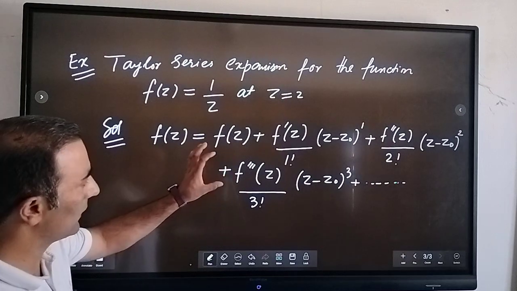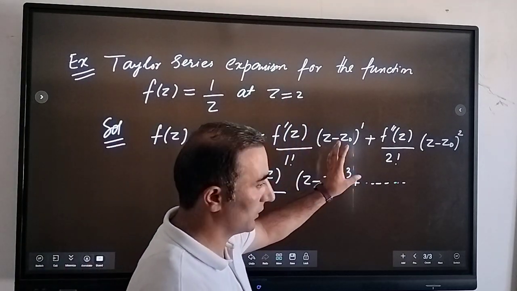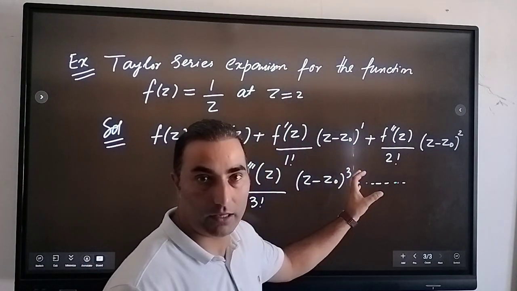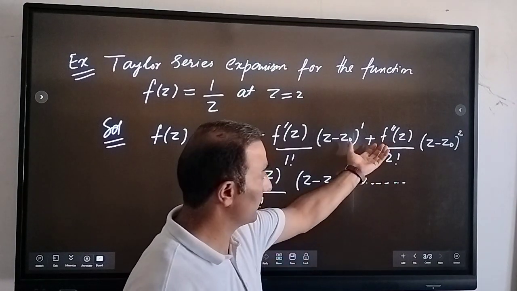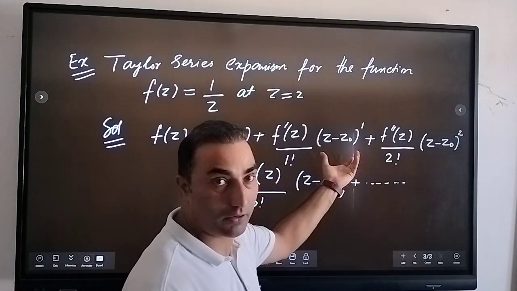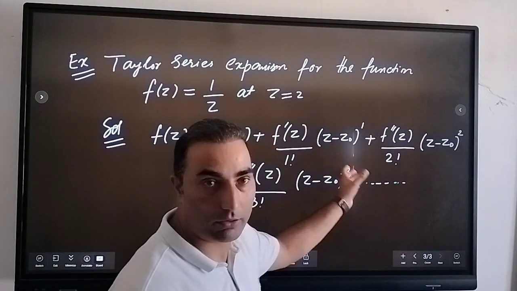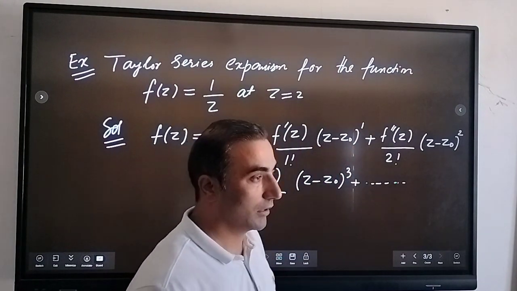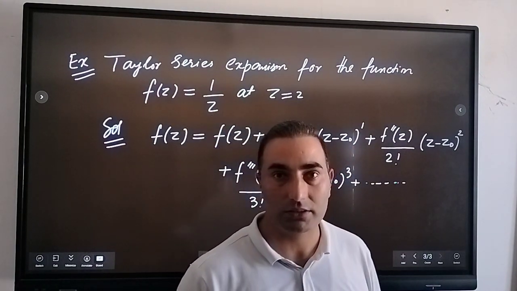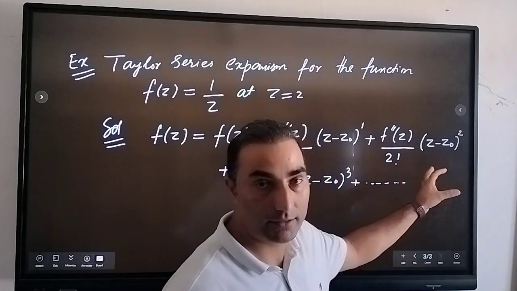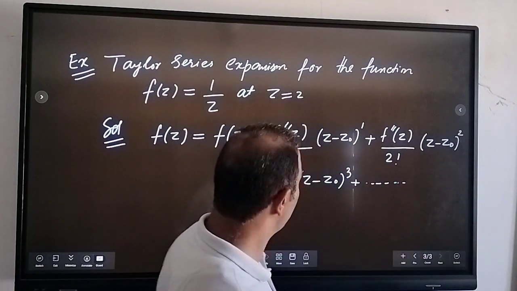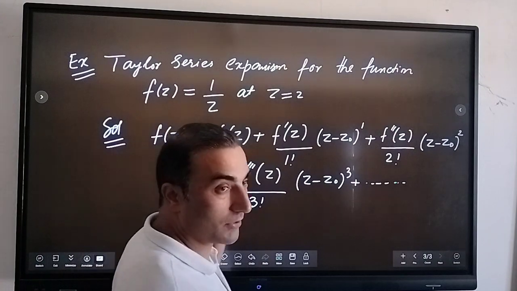So let's put all these values here. First we calculate the derivative of this function f of z. So we calculate its different derivatives, and we substitute them here, at the point where our function is not analytic, that's z0 here. That's given in terms of f of z.